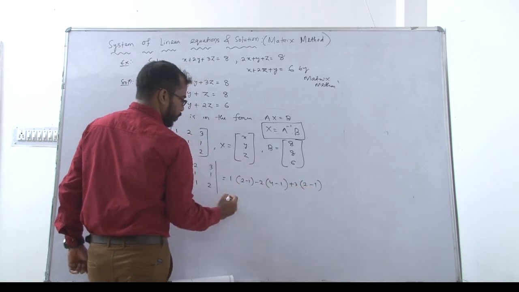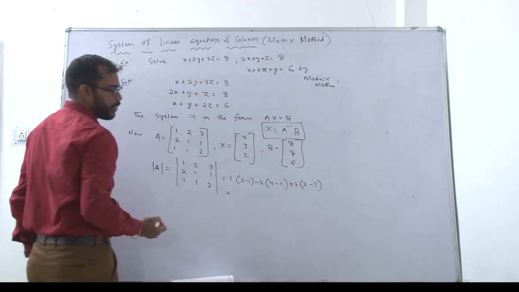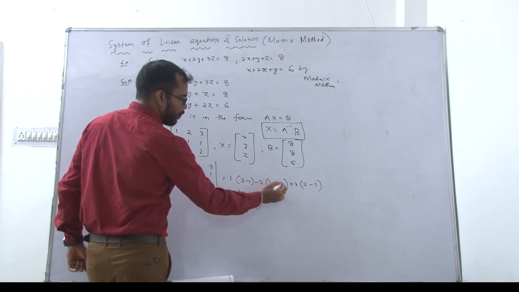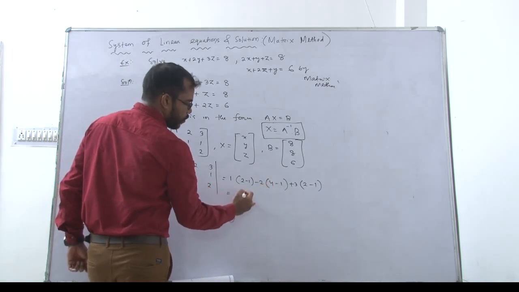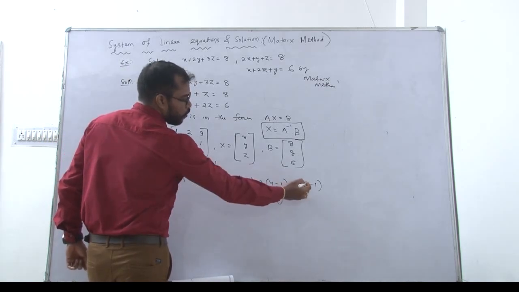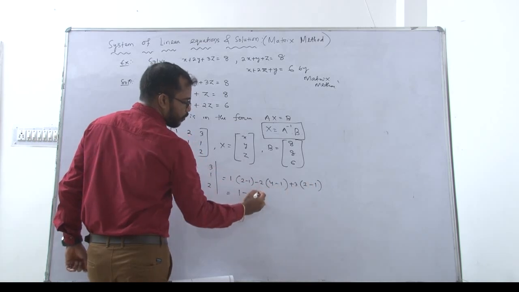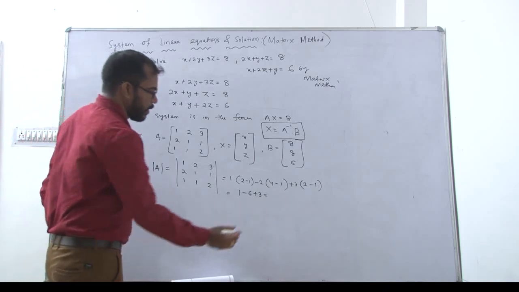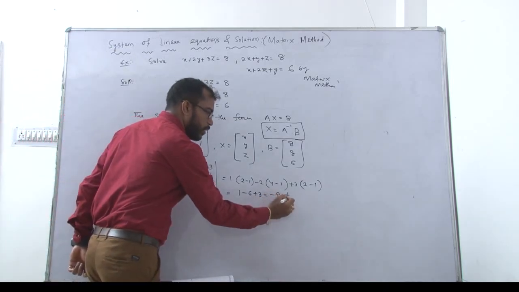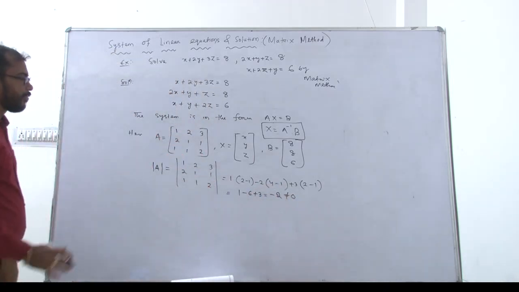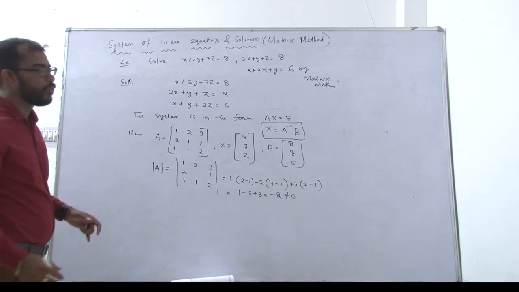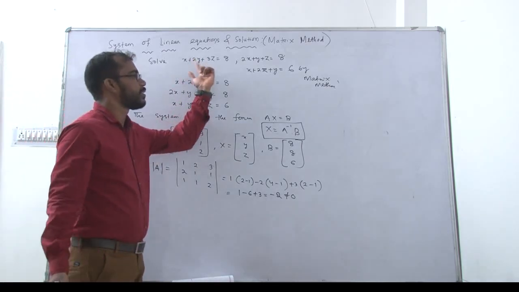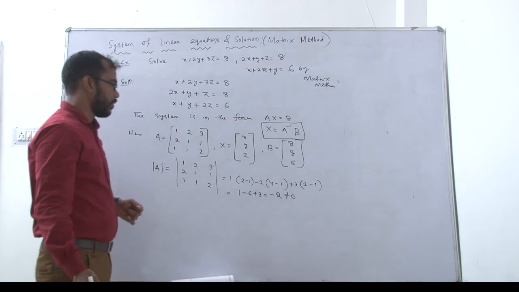So 2 minus 1 is 1, 1 into 1 is 1. 4 minus 1 is 3, 3 into minus 2 is minus 6. 2 minus 1 is 1, into 3, that is plus 3. If we calculate, then we get minus 2, which is not equal to 0. If the determinant of A is not equal to 0, then we can evaluate this system by matrix method.